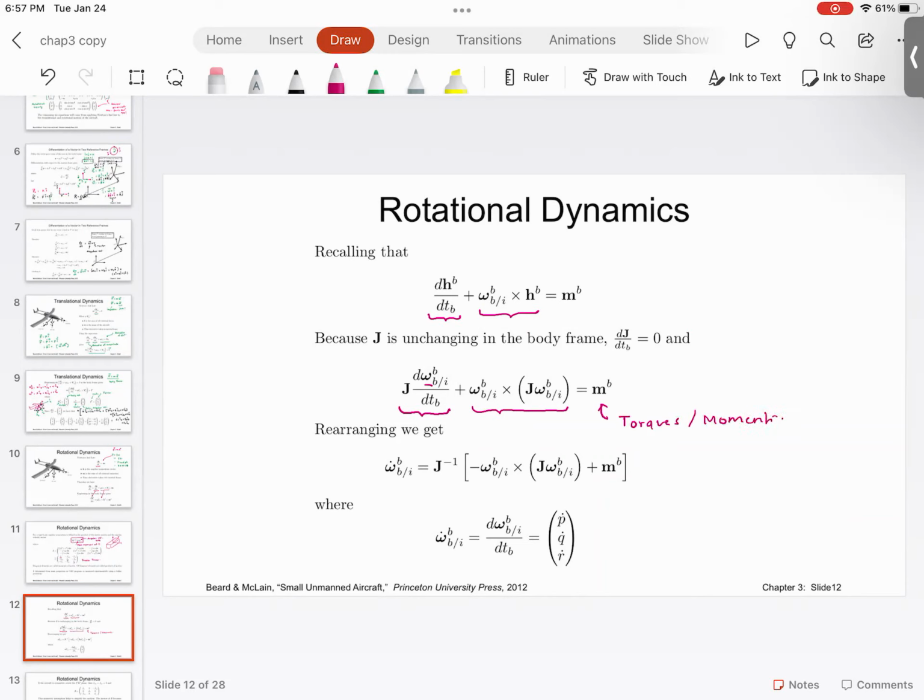Again, this is a vector equation. This has 3 components, i's, j's, and k's. Just like the linear velocity translational equation, we have the vector equation in the angular coordinates.